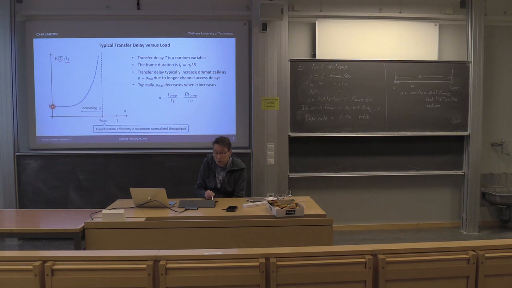So this is the lowest delay we can ever hope for: we transmit the frame immediately and it's received immediately. But then as we start to increase the number of frames that are sharing the medium, that is increasing the load towards rho max, the delay typically goes up like this. This is not for any particular scheme, but it's a general behavior of the schemes.